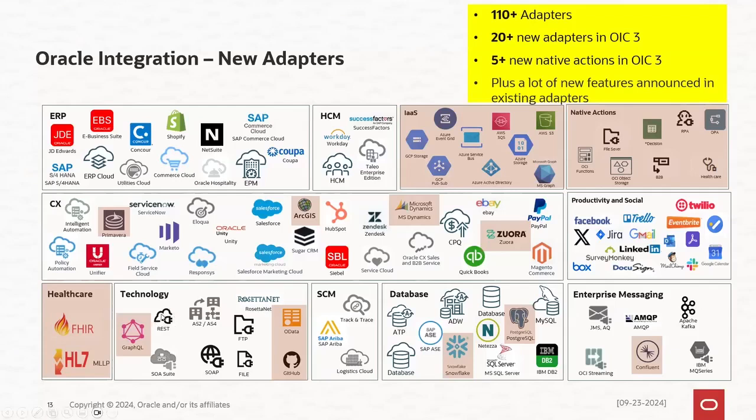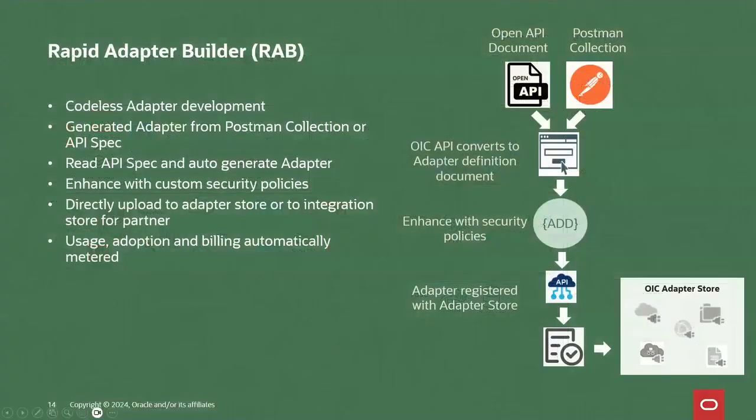Or let us say you do not find any adapter here, and you have a lot of use cases, and you need to build a lot of integration flows between your source and target applications. What you can do is, if the adapter is not available, then we are providing another feature called rapid adapter builder.